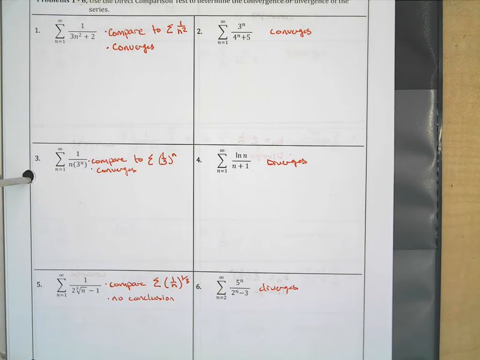Natural log can grow, and that's... If you cross multiply, n times natural log of n, is that greater than n plus 1?